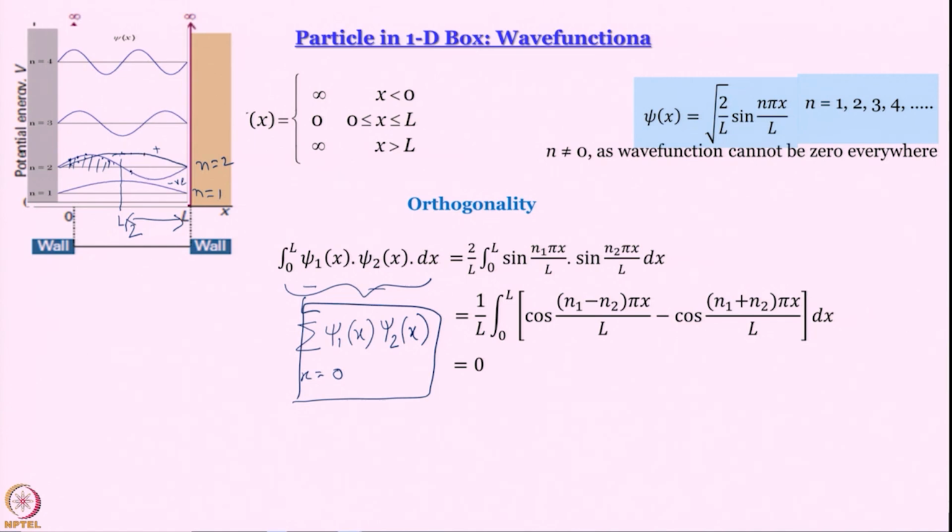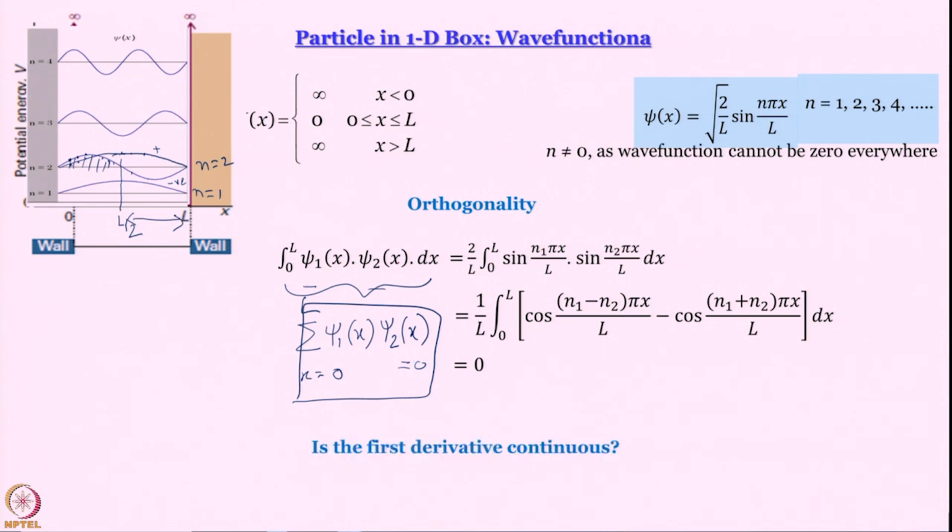However, magnitudes are all the same. So, this sum is going to be equal to 0. I can see it pictorially as well. You take any pair of wave functions, you can satisfy yourself that that is what is going to happen. So, this is how we establish that the wave functions are indeed orthogonal.